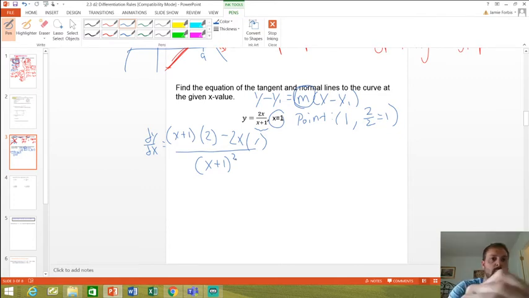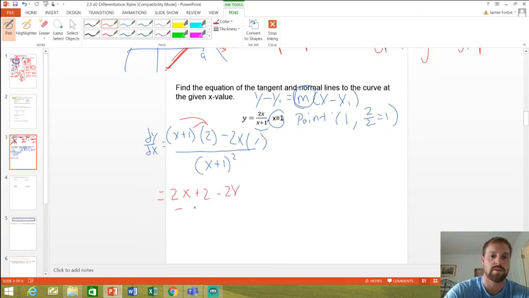And we can simplify it down a little bit if you want, especially since we're going to be plugging a point into it. So I can distribute the 2, and I can make it look a little bit nicer. So 2x plus 2 minus 2x over x plus 1 squared, which actually reduces down to 2 over x plus 1 squared.